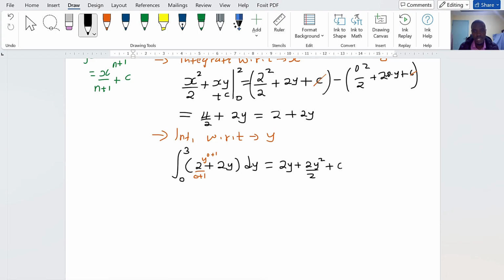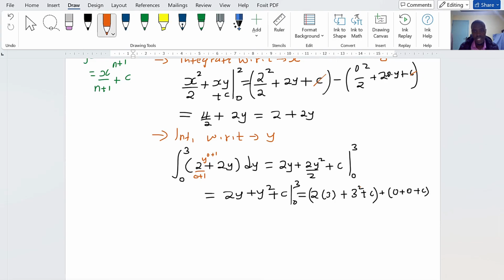Now plus c, you're substituting 0 to 3 for y. Now when you proceed with this, you get 2y plus y squared plus c, from 0 to 3. On the upper bound, you have 2 times 3 plus 3 squared plus c. On the lower bound, the entire thing is 0, because when you substitute y there is 0, then plus c.